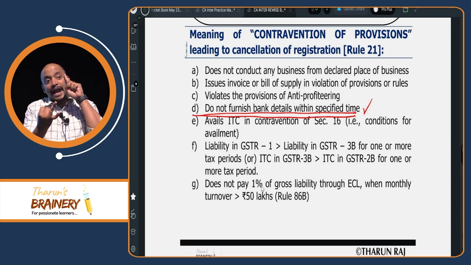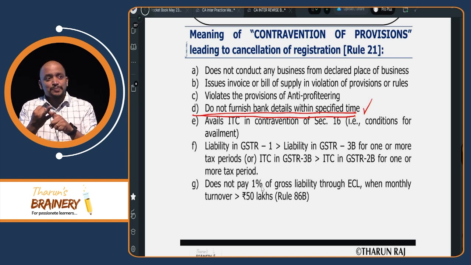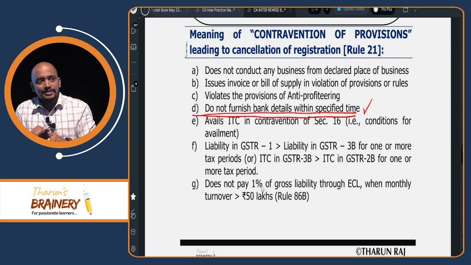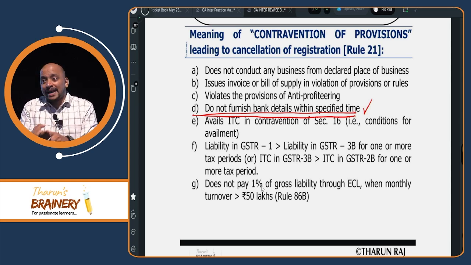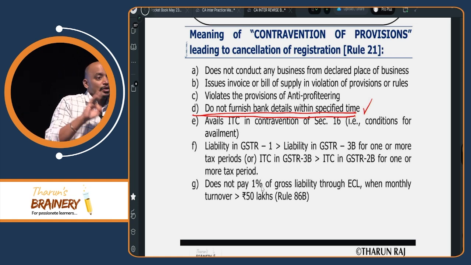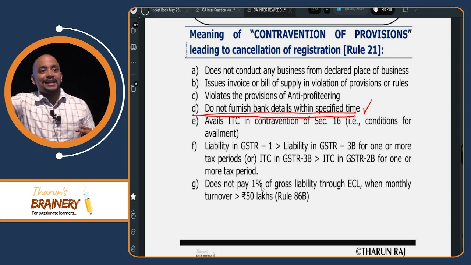Okay. Then wrong ITC. You have not availed the ITC as per section 16, conditions for availment of ITC. Then wrong address. You are not doing business from the place where you have obtained registration. Okay. Don't write wrong invoice, wrong ITC, wrong address. You have to explain that and write.